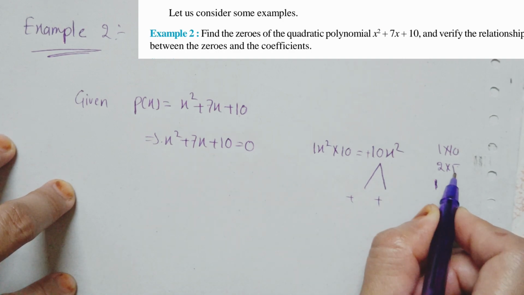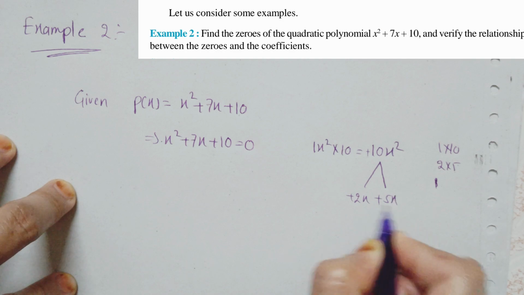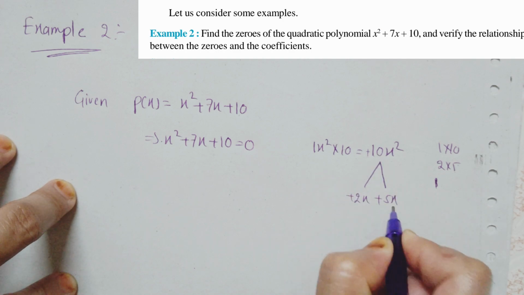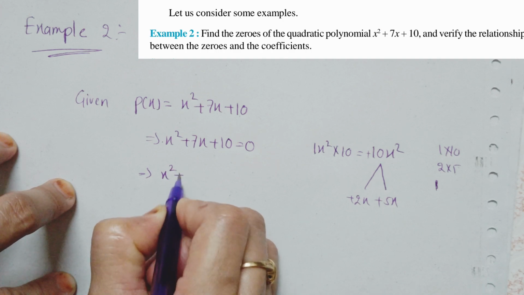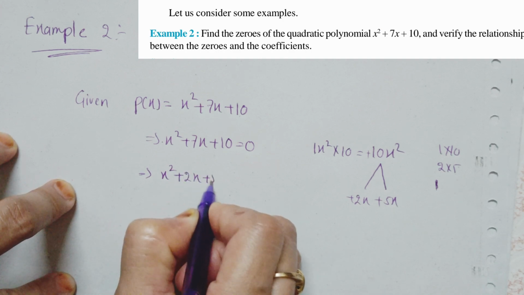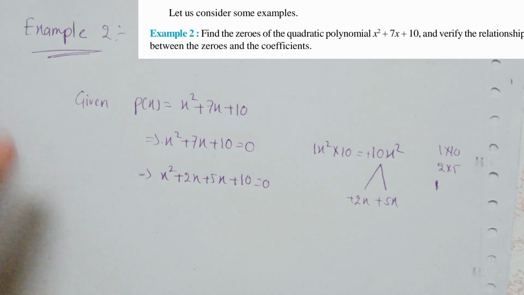That's why we pick this: 5 plus 2 is 7. That's why 2x plus 5x. 2 into 5 is 10. x into x is x square. So x square plus 2x plus 5x plus 10 equal to 0.